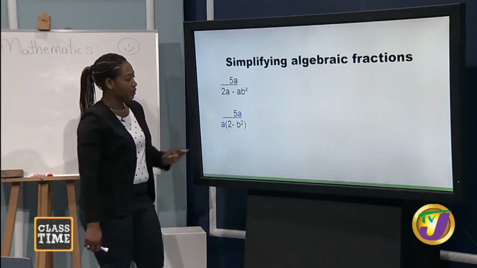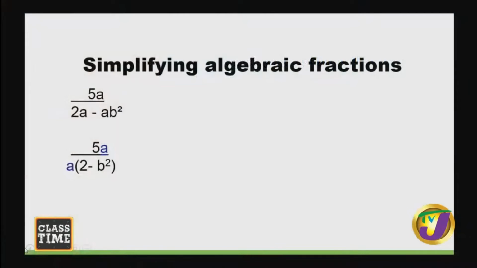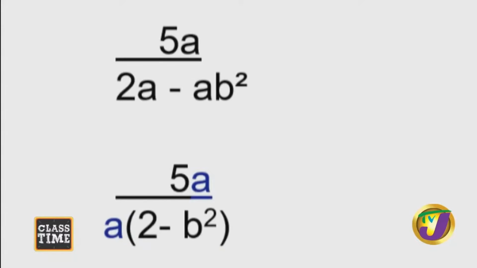So if we look here, I would now factor out the common factor within the denominator. a is common to both 2a and ab squared. When factored out, that means I've divided both terms by a. 2a divided by a gives me 2. Negative ab squared divided by a gives me negative b squared.